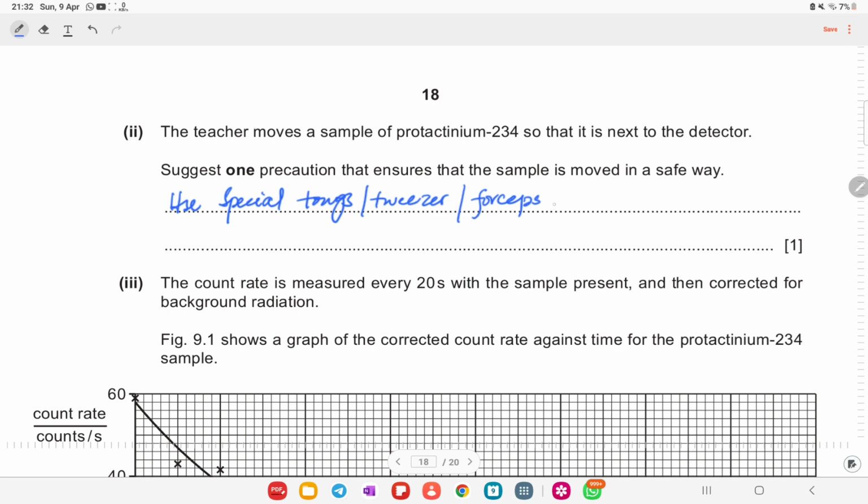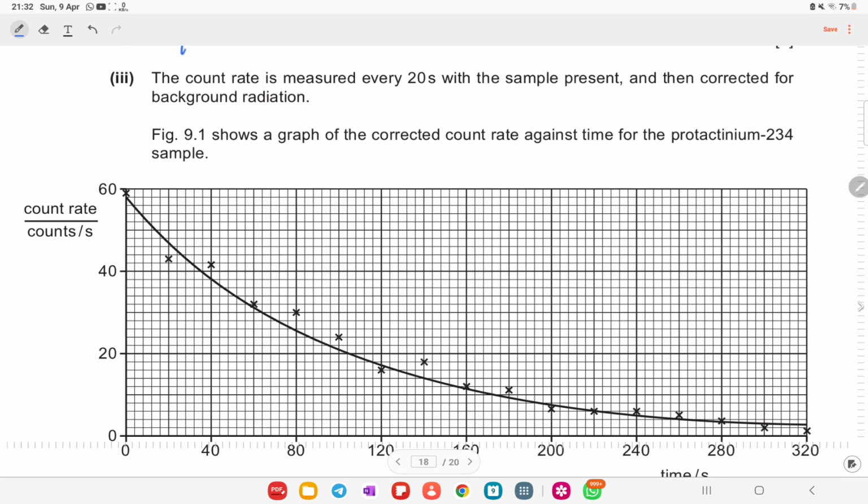You can use goggles to avoid anything going into your eyes. Keep a safe distance from the radioactive device, and you should have a specialized lab coat. So any one would be perfect for you.